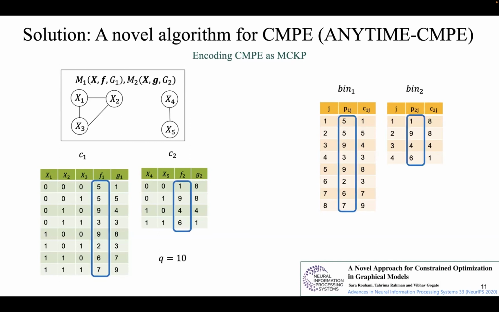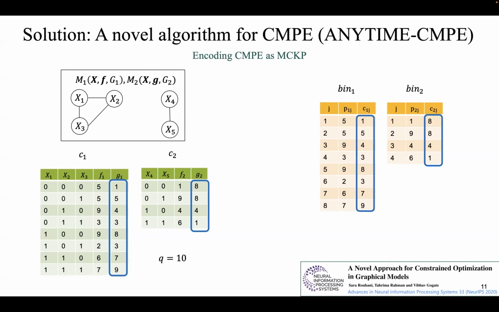MCKP is strongly NP hard, as I said, unless the number of items in each bin is bounded by a constant. In CMPE, the number of variables in each component needs to be bounded by a constant. The issue is components are not bounded in most PGMs. So the solution is highlighted here.